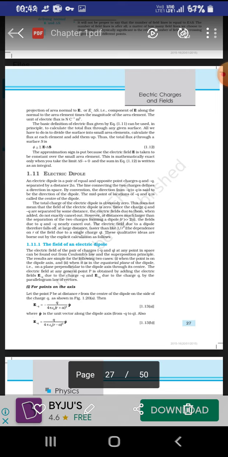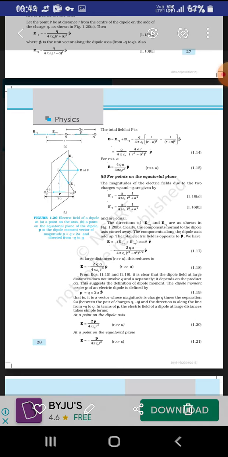For a point on the axis, E is equal to q by 4 pi epsilon zero into 1 by (r minus a) whole square minus 1 by (r plus a) whole square, which gives E is equal to 4 q a by 4 pi epsilon zero r cubed, in the direction of p.